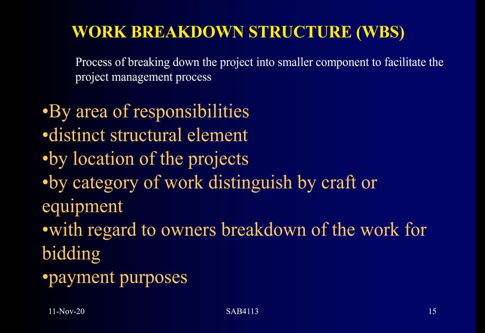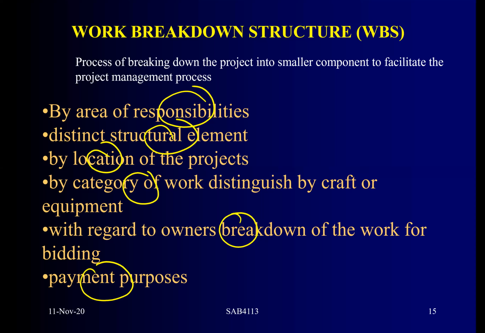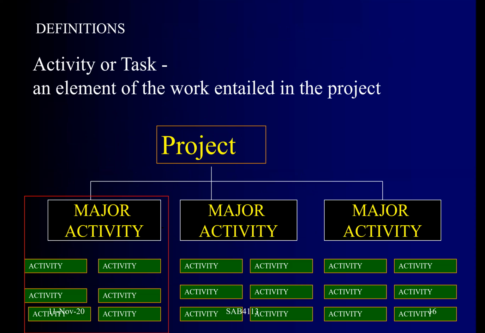It can be divided by responsibility, distinct structural element, location of the project, category of work, and with regard to breakdown of the work for bidding purposes, sometimes for bidding, even substructure work or earthwork or even superstructure, and M&E work can be divided among different contractors. So WBS can be broken down into that kind of category, and then payment purposes, especially the accounting system.